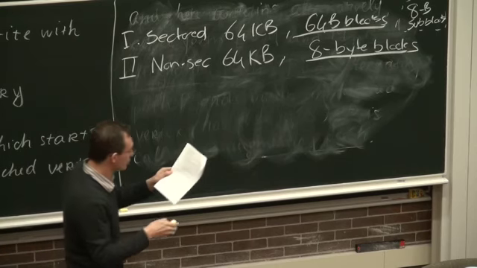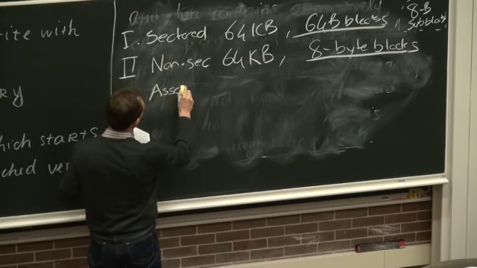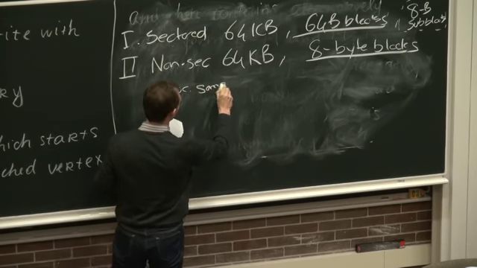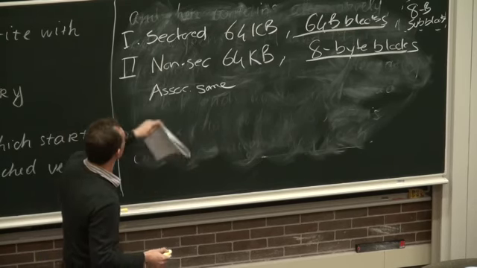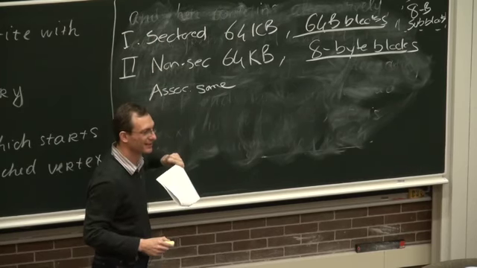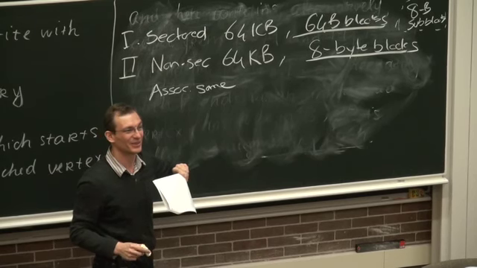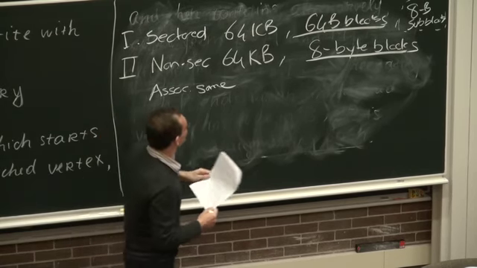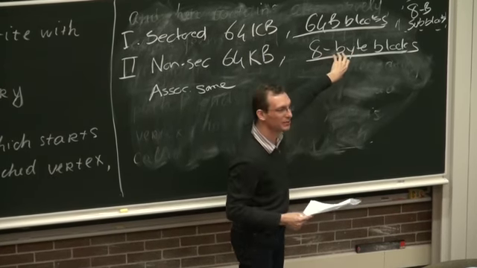Okay, so this says assume the associativity of the two caches are the same. So associativity is the same. What is one definitive advantage of the sectored cache over the non-sectored one? Tag store. Here, you have a tag for each 8-byte block, right?